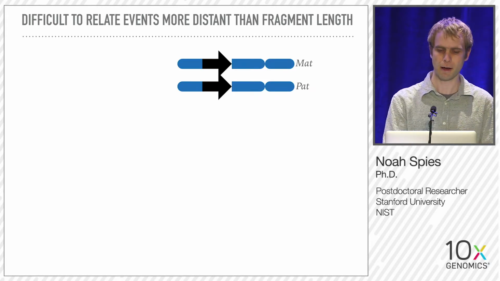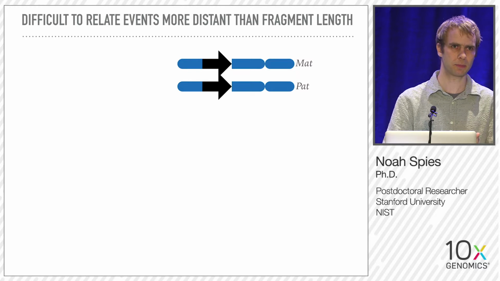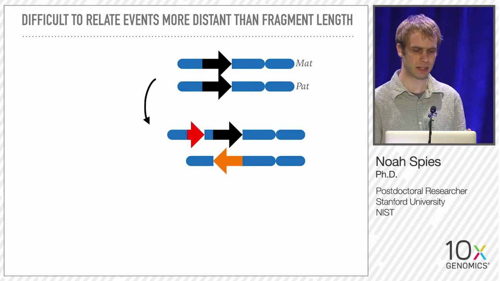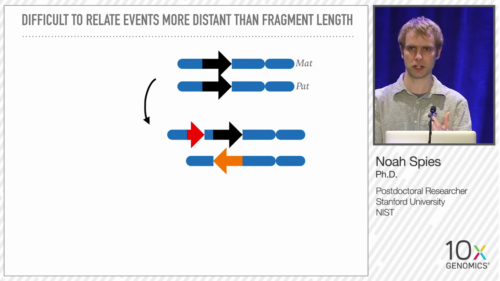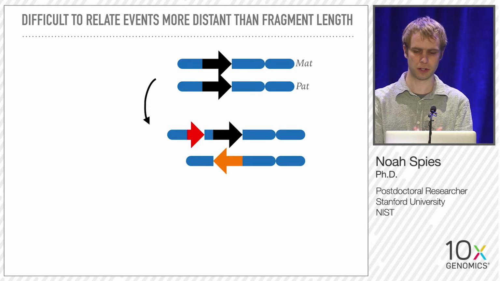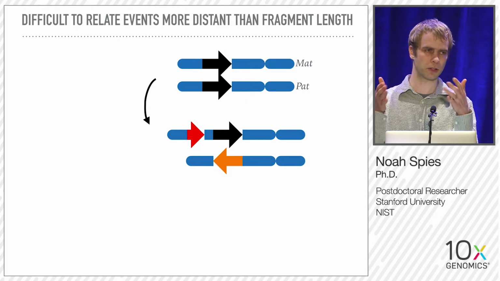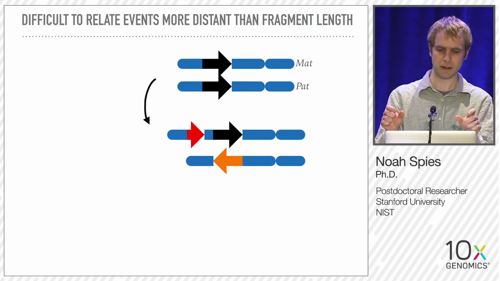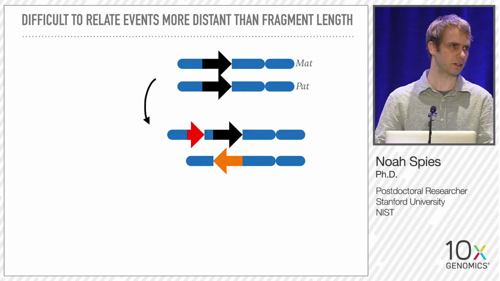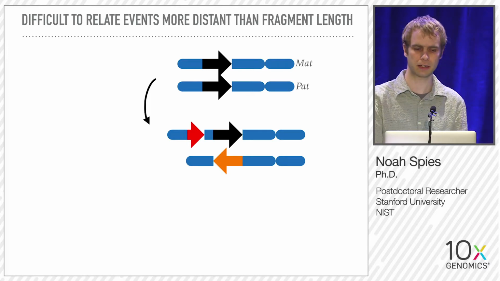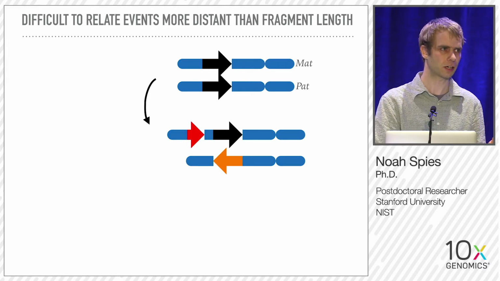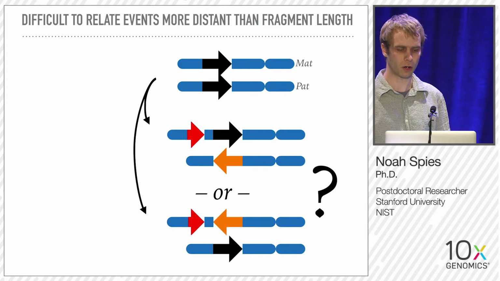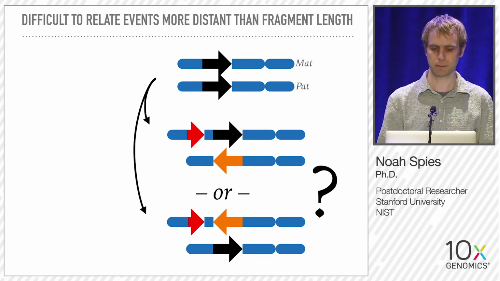Let's say we've got the maternal and paternal copy of this chromosome, and we've got two events: the insertion of this red sequence and the inversion of the black sequence resulting in the orange sequence. Since with standard Illumina your fragment sizes are only 500 base pairs, if these two events are more than 500 base pairs apart from one another, we can't tell if they're occurring on opposite copies of the chromosome as shown here, or in cis on the same haplotype.